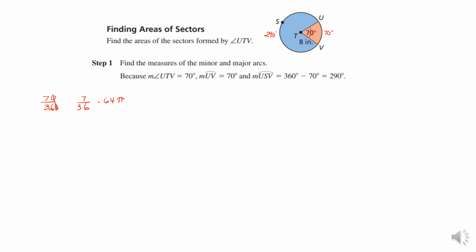So we could simplify that a little bit, and we would get 7 over 9 times 16 pi, because we cross-canceled there. And that would calculate out to 112 over 9 pi inches squared.